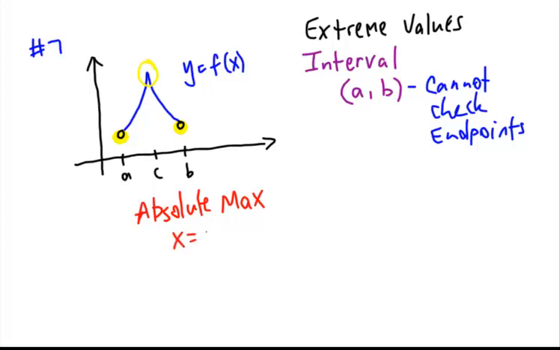Now we don't know what the value is, we weren't told, but we do know that I do have an absolute maximum value. However, on this particular problem, since I have an open interval, I cannot say for sure with certainty that I have a minimum. So on this question, your answer would be you have an absolute max when your x value equals c.